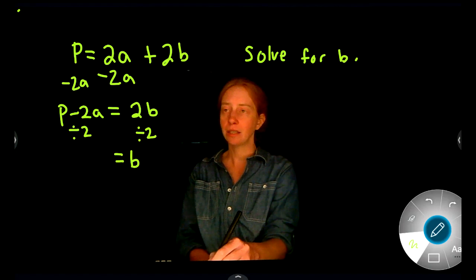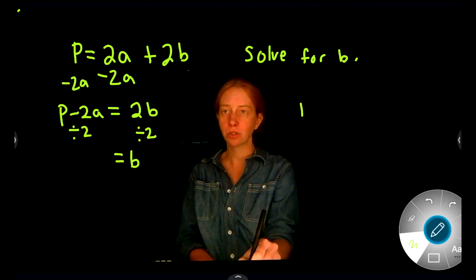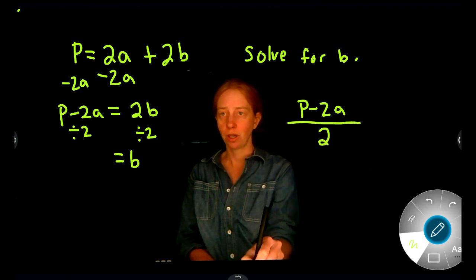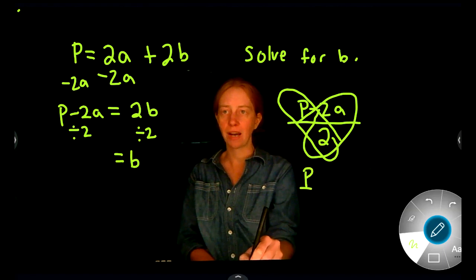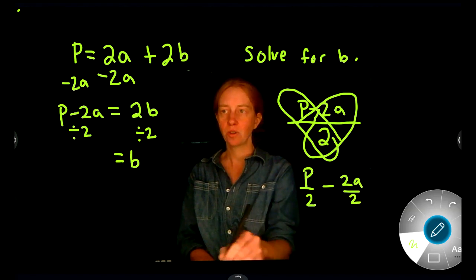Now, this one is a little trickier. What I recommend for students, when you have something like this, if you think about it like a fraction, which I know we don't really love fractions, we're going to basically divide both parts of this. Okay, so we have the p divided by 2, and we have the minus 2a divided by 2. It's 2 pieces. And so that's what we're going to do.